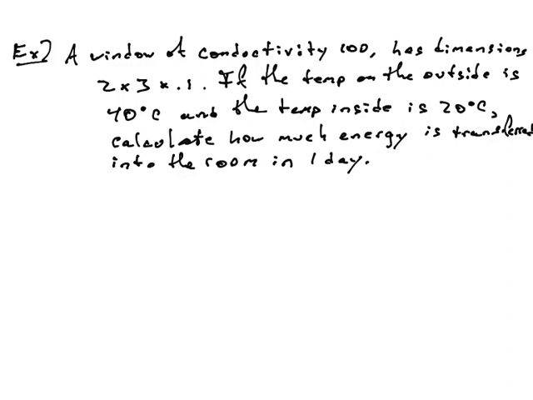All right. So I'm going to go ahead and draw this out. The way I'm going to draw it is we're going to look at it from the side view. Okay? So as if we're looking from inside the wall at the edge of the window. Here's the edge of the window. This is the outside over here. T out is 40 degrees. T in is 20 degrees.